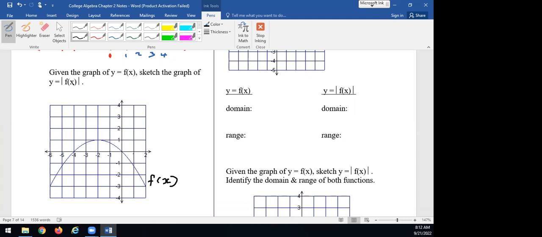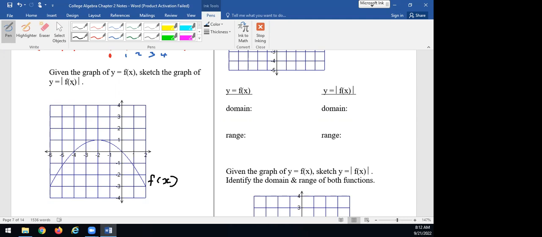And what will that do to the y value? So whether x is negative or positive, what should happen to the y? Which is? Positive, right. So it means that all your function values must be positive, because whether x is negative or x is positive, it should give you a positive y result. Because the absolute value, remember, when you solve it, you're always going to get a positive.